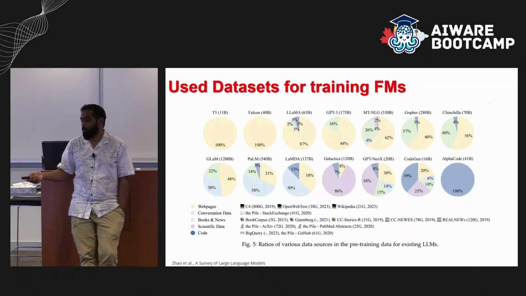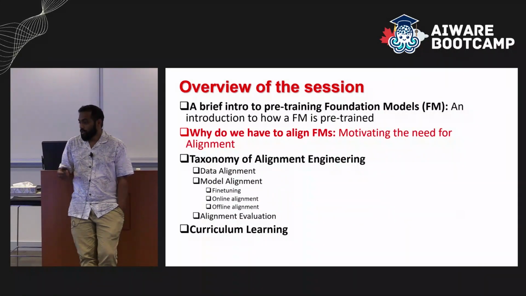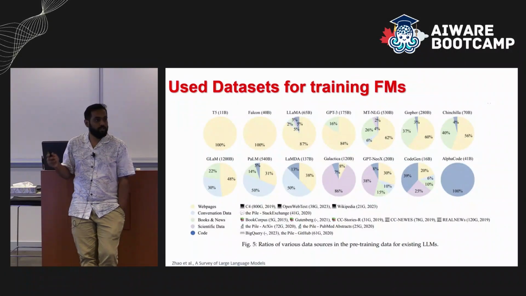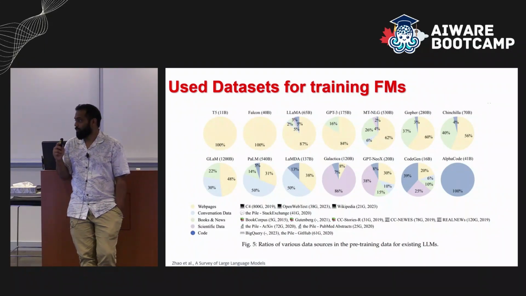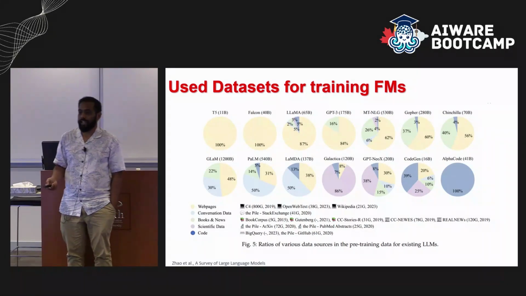As you can see, most of it comes from web pages, except for AlphaCode, which is a code model, so all of its data is code. So that was an introduction to the pre-training process, but this session is about alignment engineering, so we'll spend more time on the alignment techniques.